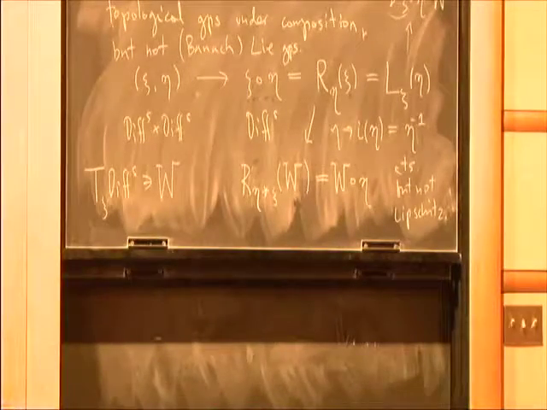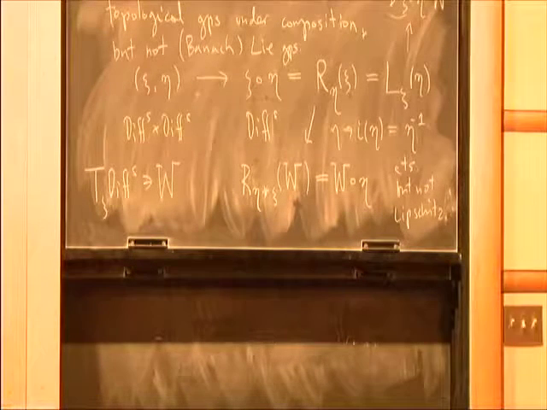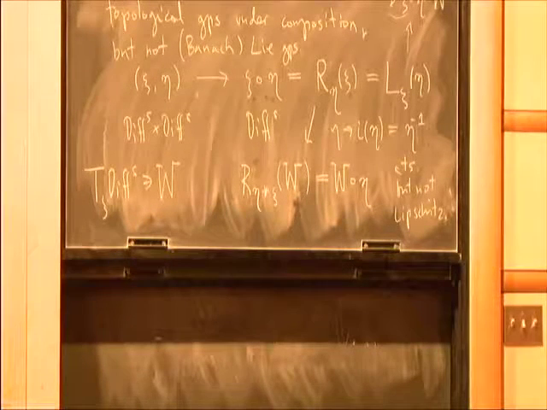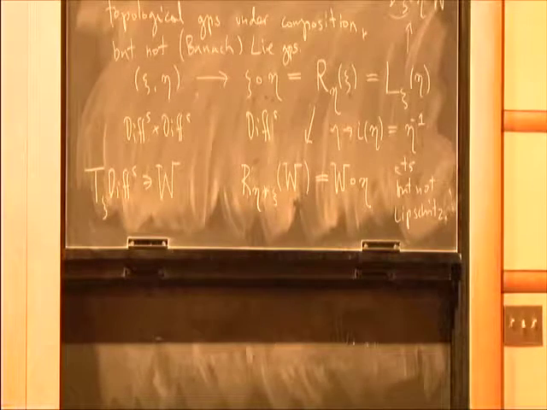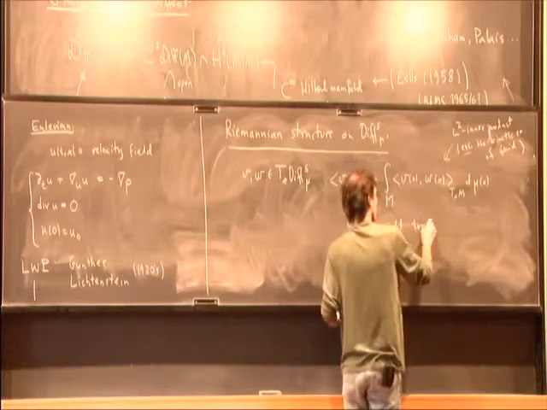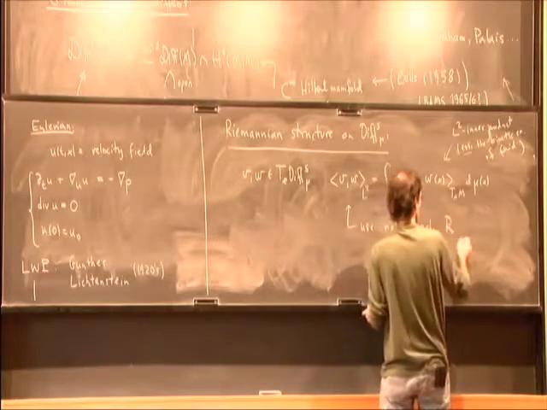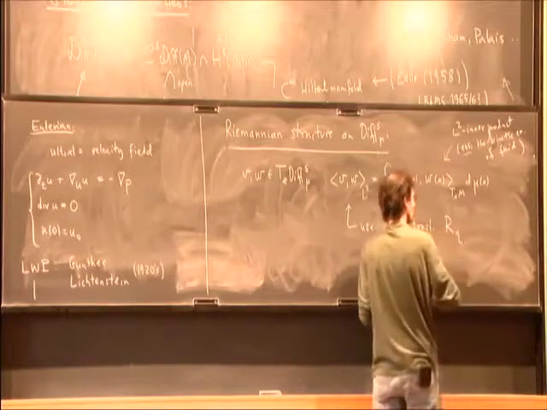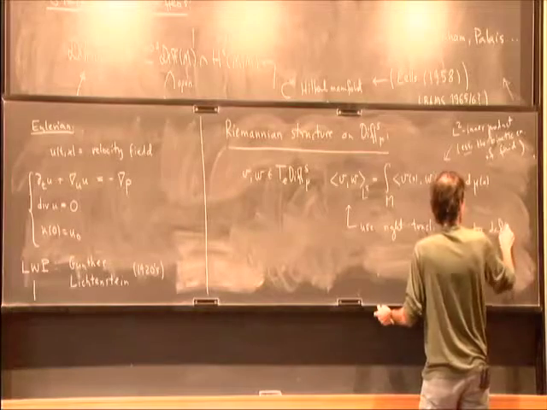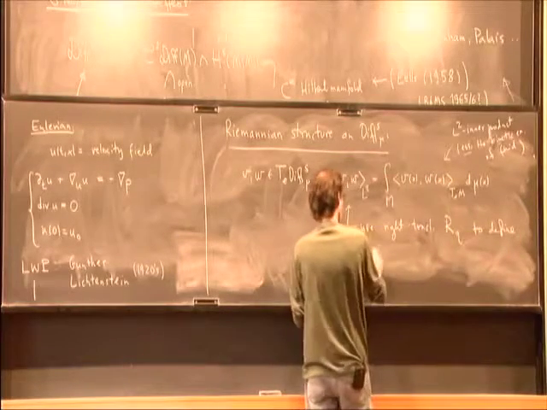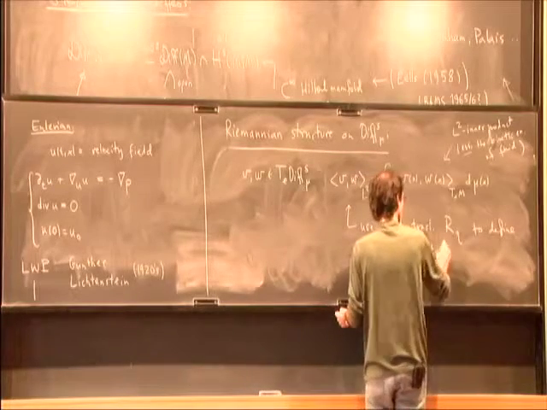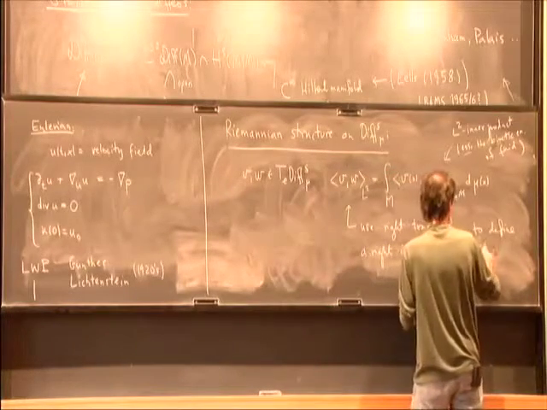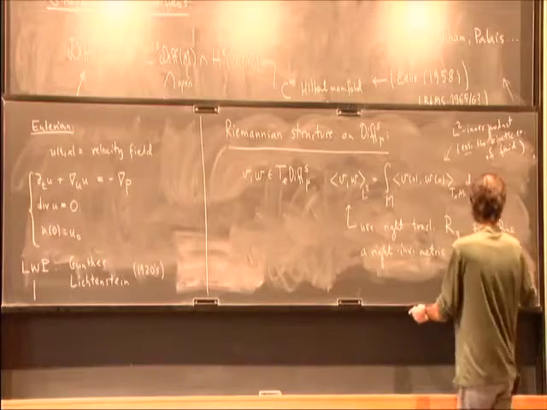So he started with this inner product, and then used right translations. The smooth maps R_eta will work in our case to define a right-invariant metric on the whole group Diff^s_mu.